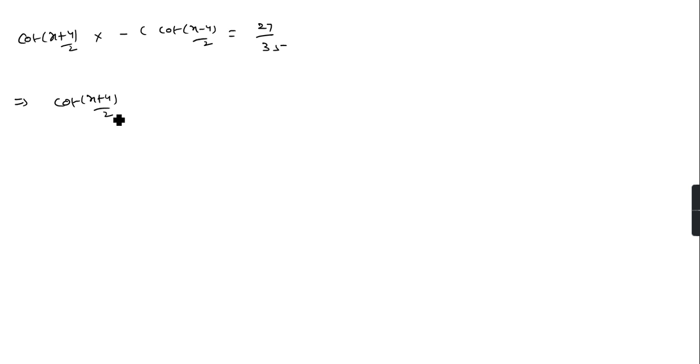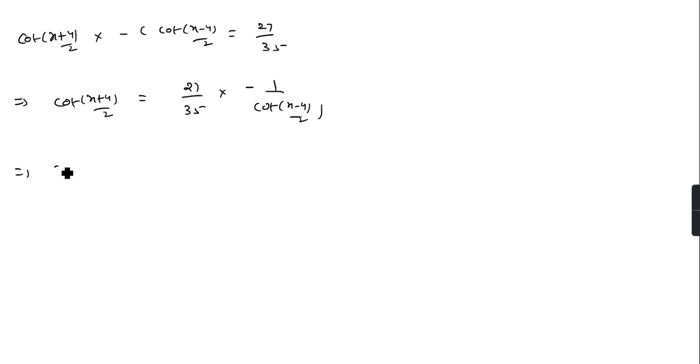So we get cot of (x plus y) by 2 is equal to, this into will be converted to this side, we get a minus divided by, we get 27 by 35 into minus 1 by cot of (x minus y) by 2.